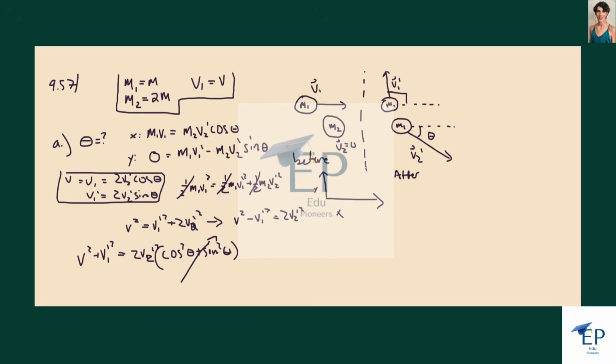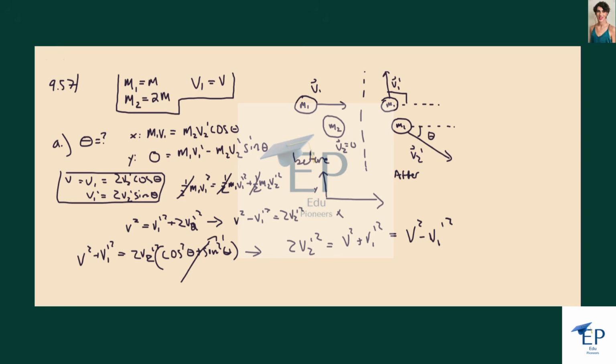And this should be 1 from our trig identities. So 2 v2 prime squared equals v squared plus v1 prime squared, but this also equals v squared minus v1 prime squared.